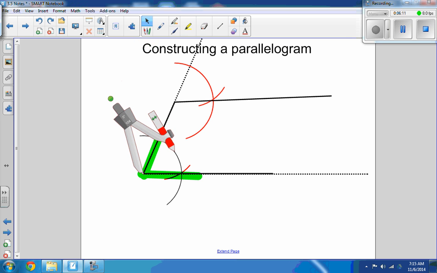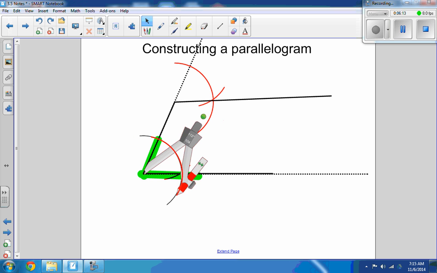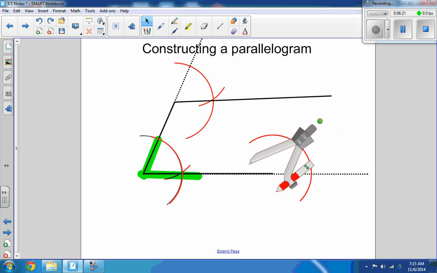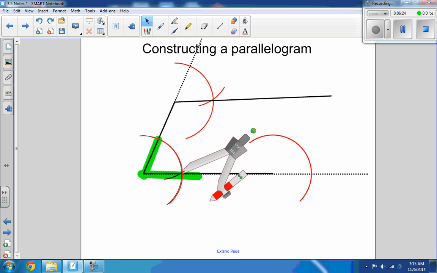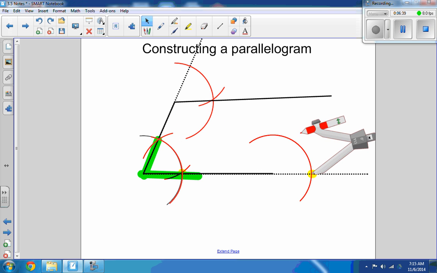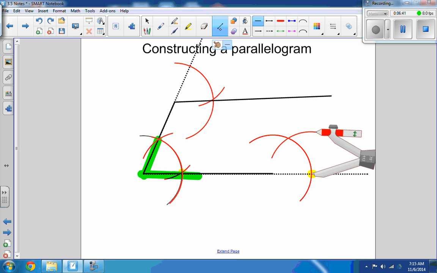It looks like we've got it right here already. We're doing the same thing, but this time I'm on this side. The reason I'm on this side is because it intercepts that line, so I need to make sure I'm being consistent. So I'm intercepting that arc. Intercepting that arc. Connect them, and there we go. There is my parallelogram.